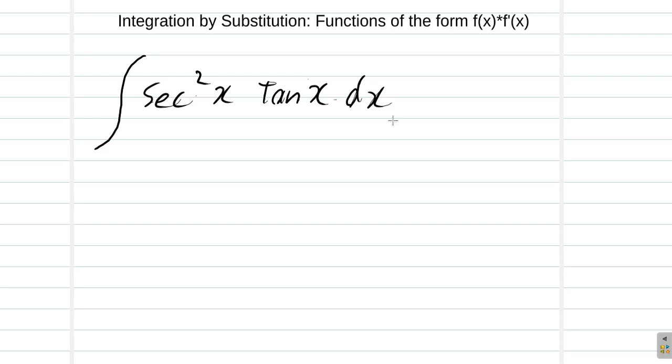Let us integrate sec squared x tan x dx. Now, when you examine this, you see from your table of integrals and derivatives, if you remember them, that the derivative with respect to x of tan x gives you sec squared x, right?